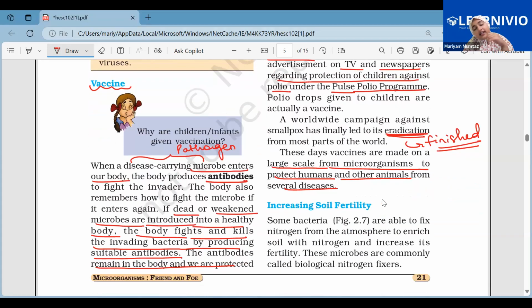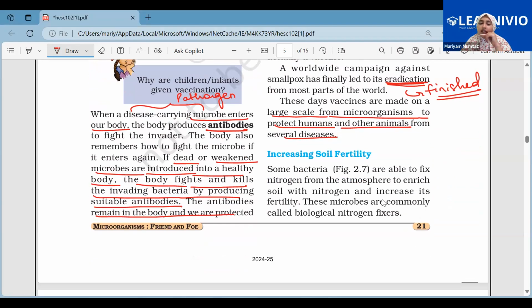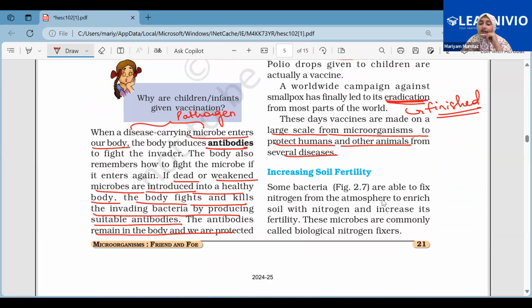So, vaccines are extremely important for us because they help us to stay alive and they protect us from the diseases. Clear? Any doubts? Anything you want to ask? No. Okay, very good.